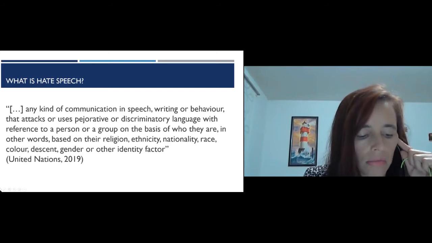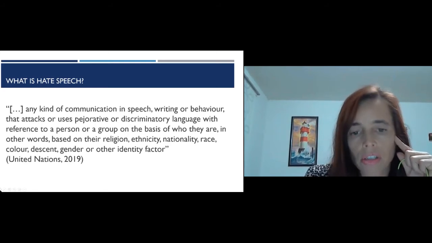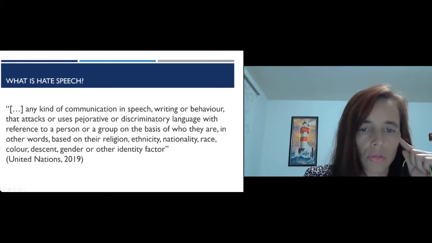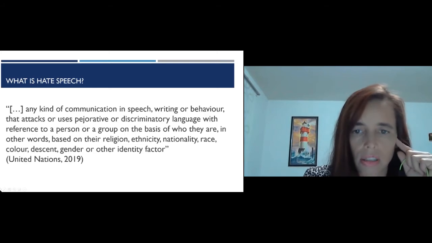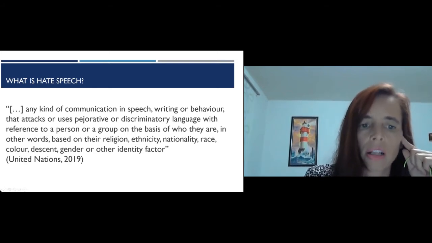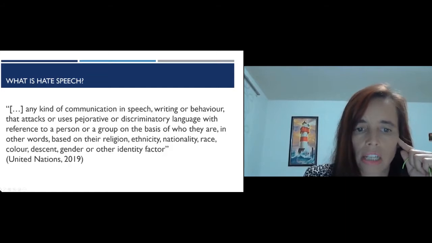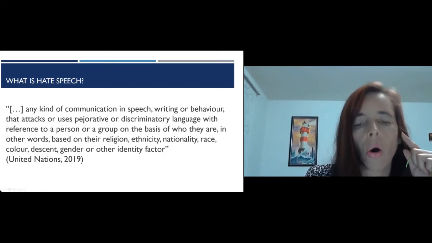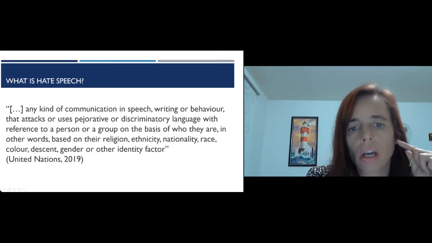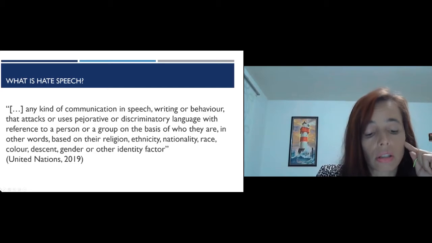In 1997, for example, there was a definition by the Council of Europe, and they also dealt with hate speech, but they stressed more the xenophobic statements, while also including other forms. Here you can see the difference. The United Nations definition already includes religion, ethnicity, nationality, color, gender, and so on. So there are lots more things included in hate speech.